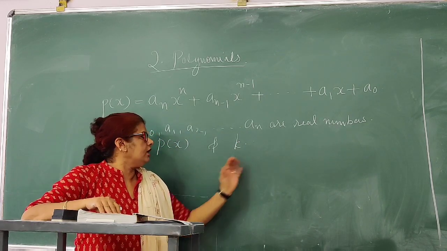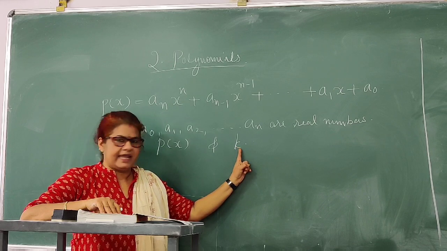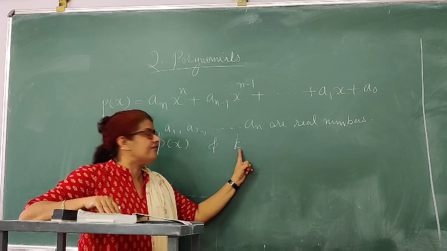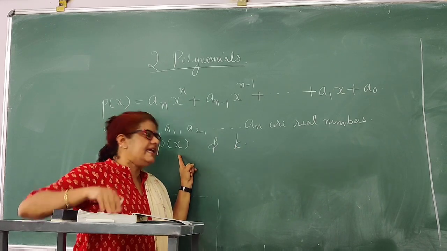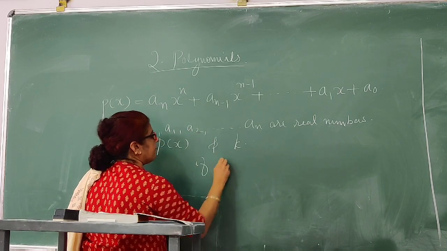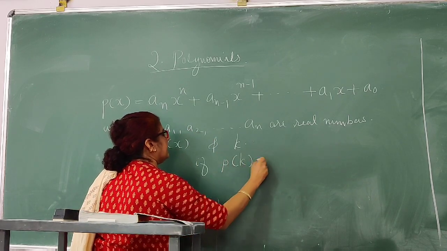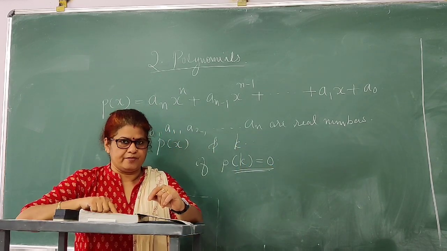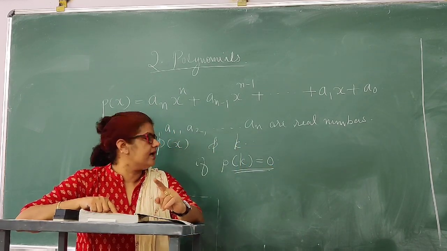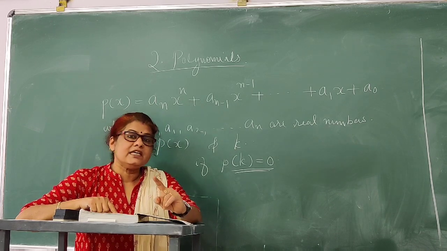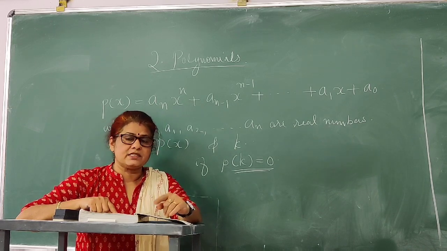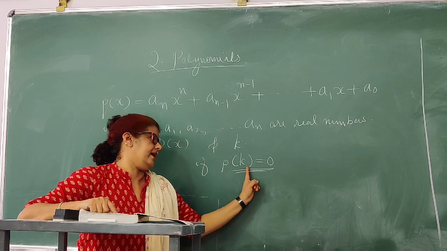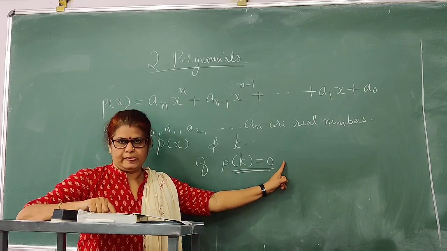Then we can call k, the real number k, a zero of the polynomial p(x) if p(k) equals 0. This is the definition of zero of a polynomial. A real number k is called a zero of the polynomial p(x) if p(k) equals 0.